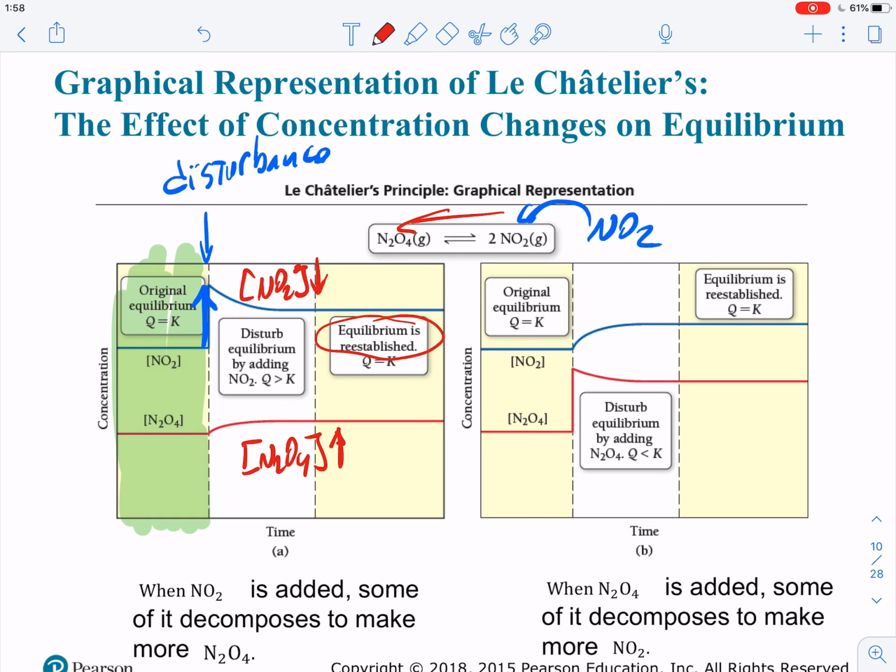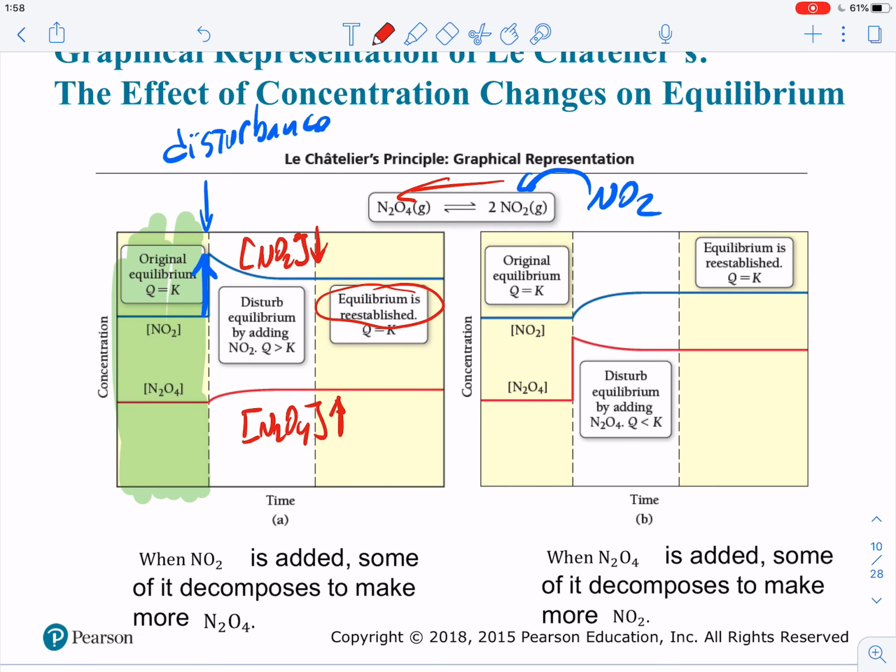In the second graph, you are adding N2O4, and as such, the reaction is shifting right. In this case, the concentration of N2O4 increased.